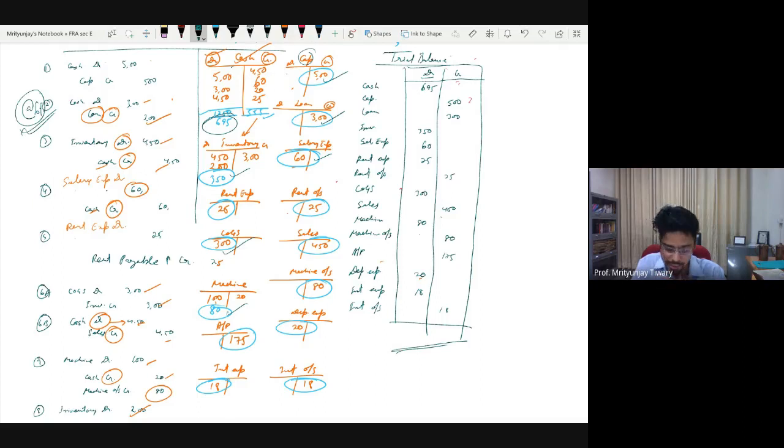Now, how does it do that? If you add all the debits here and all the credits here, they necessarily need to match. If they're not matching, that means you have done some counting error somewhere. So let's quickly check, are they matching?